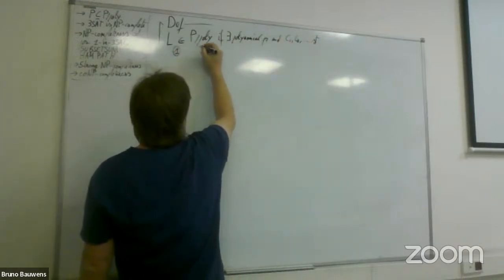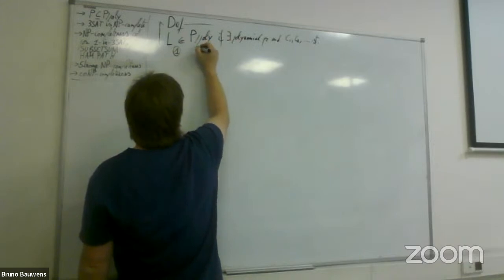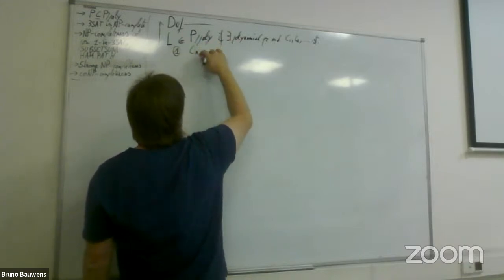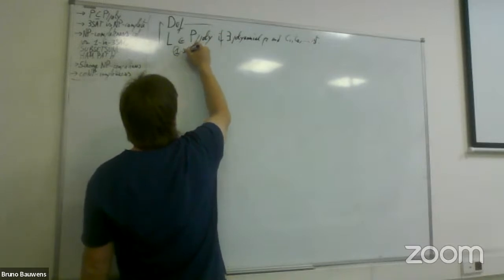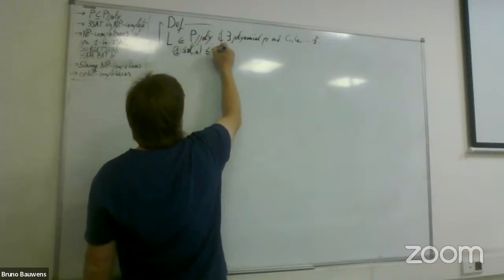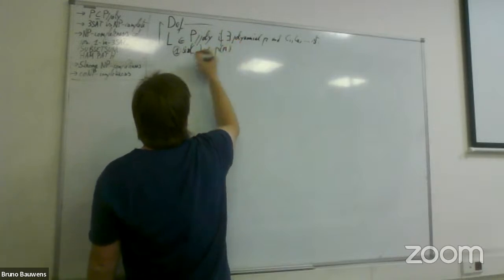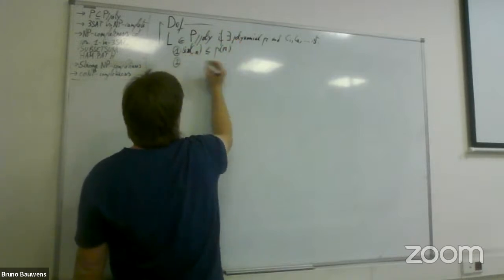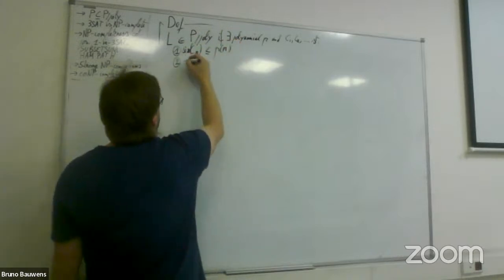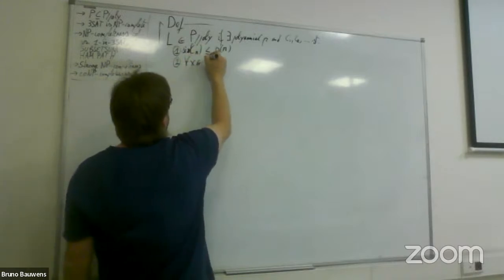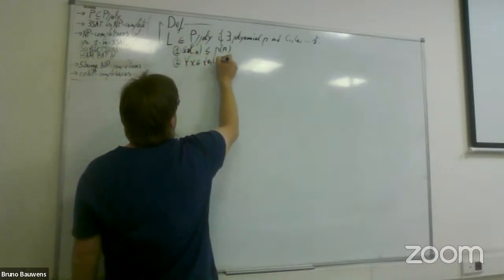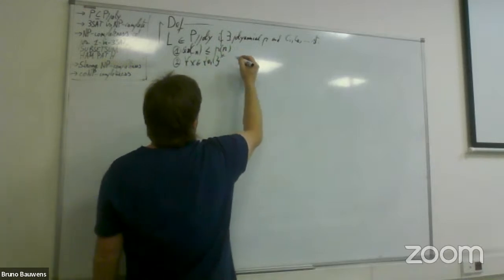The size of the circuits, so size of Cn, is at most p of n, and second, for all x in {0,1}*, for all bit strings.